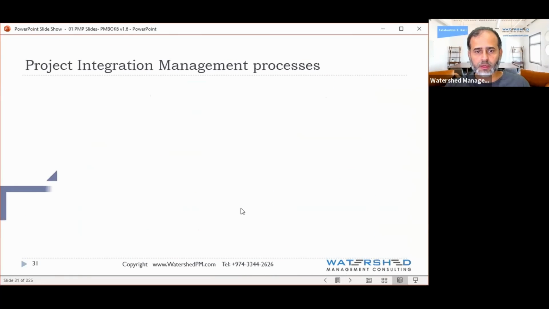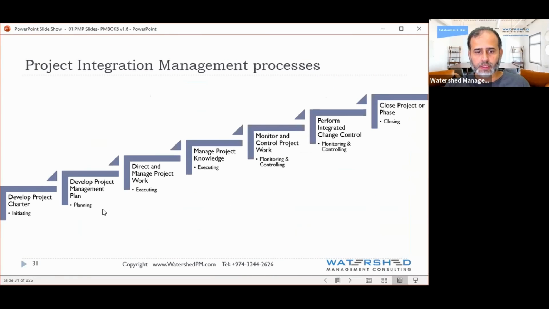Now, these are all the processes in the knowledge area. As we study every single process, you got to realize that every process is singular, standalone. So it doesn't matter if I start telling you directly about, for example, this one process, direct and manage project work.